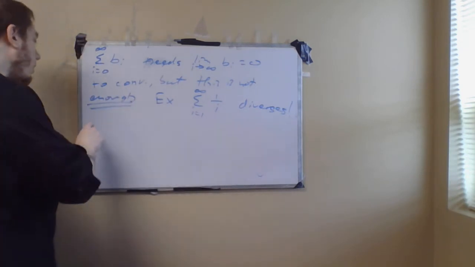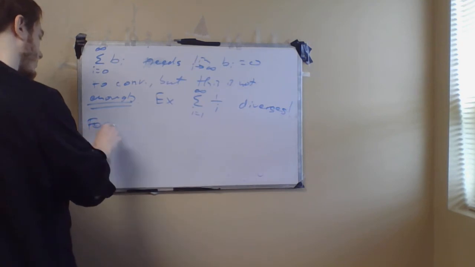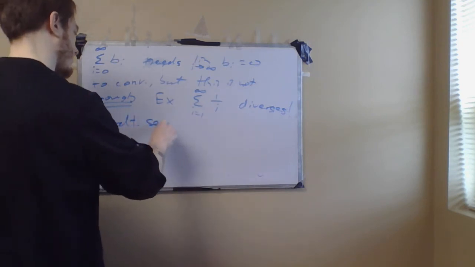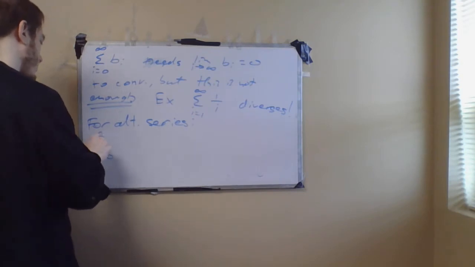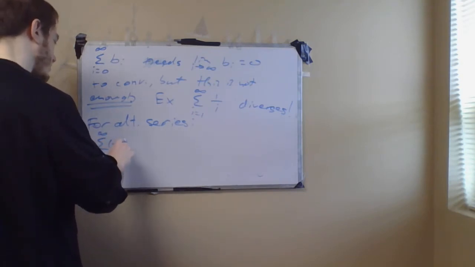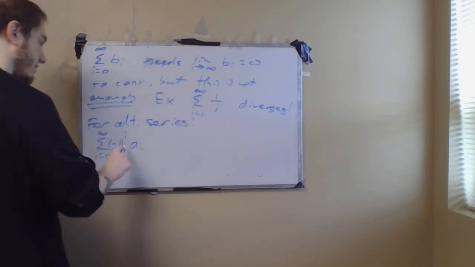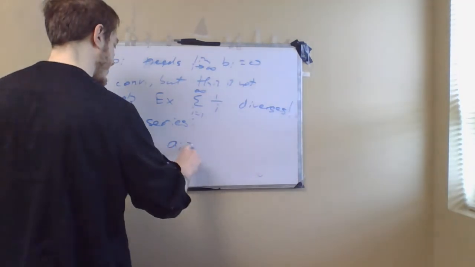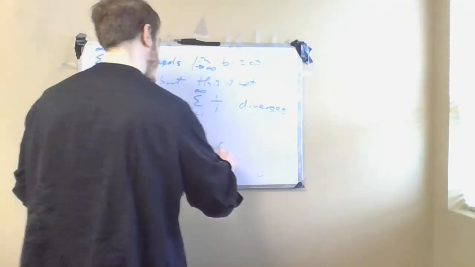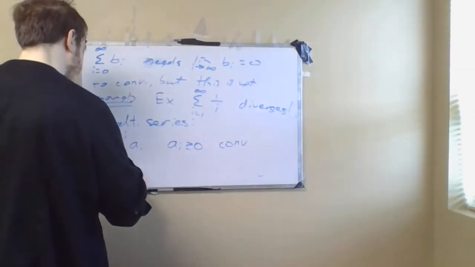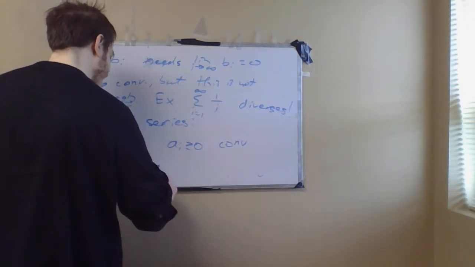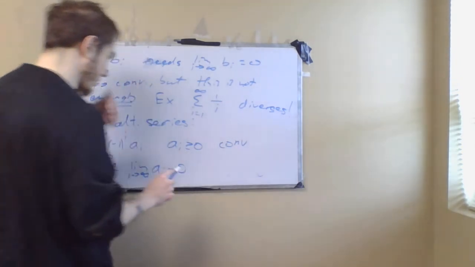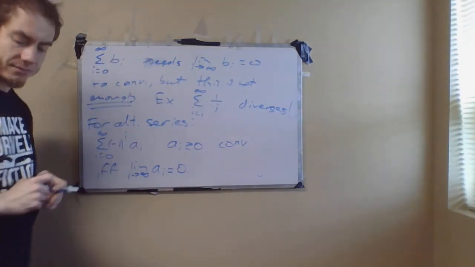However, for alternating series, if I have the sum from i equals 0 to infinity of minus 1 to the i times a sub i, with a sub i bigger than or equal to 0, this converges if and only if the limit as i goes to infinity of the a sub i's is equal to 0.